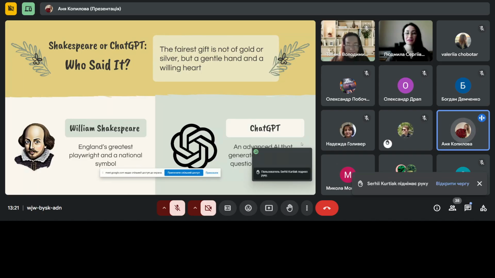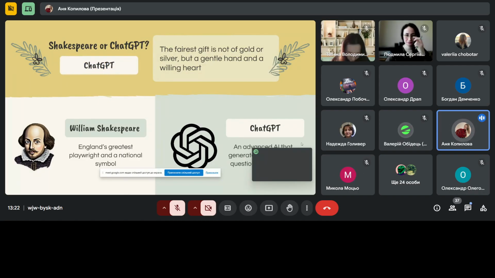And what is the reason? I think because it's written like modern English. It's like a modern sentence for us. Thank you, it's an excellent observation, and I think the answer is ChatGPT.